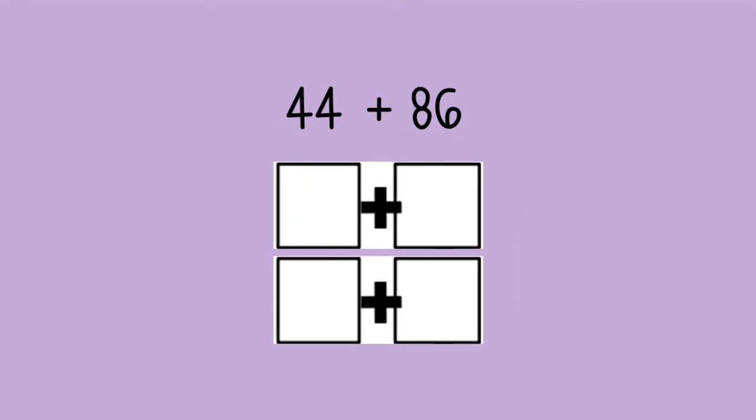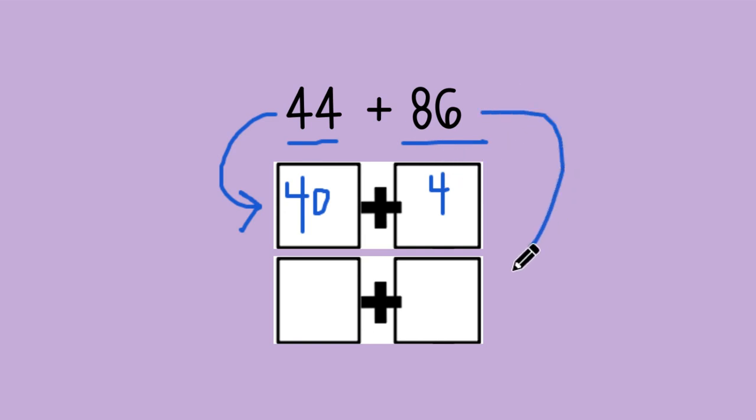Let's do one more together. We've got 44 and 86. 44 plus 86, that's a really big addition sentence. Let's split it up and break it apart. We've got 44. 44 is not 4 plus 4, it's 40 plus 4. Perfect.